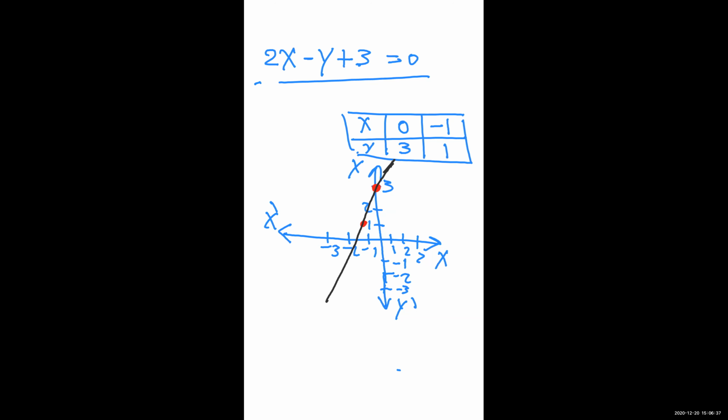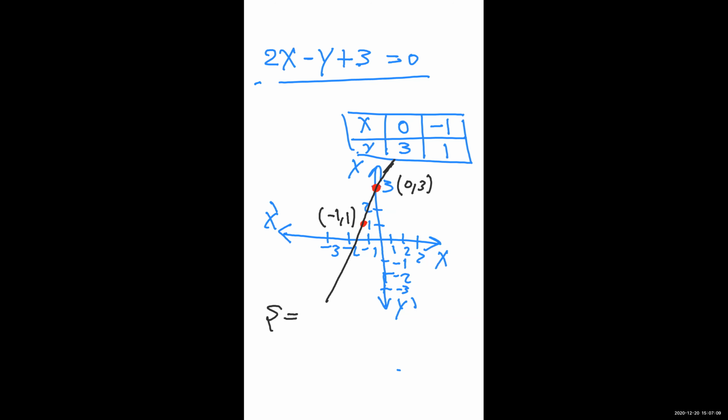If I want to get the slope of this straight line, guys, the slope will equal what? We said that the slope is the change of y over the change of x. So there are x1 and y1 and x2 and y2, because there are 2 points here, this one 0 and 3, and this one -1 and 1. So simply I can get the slope.